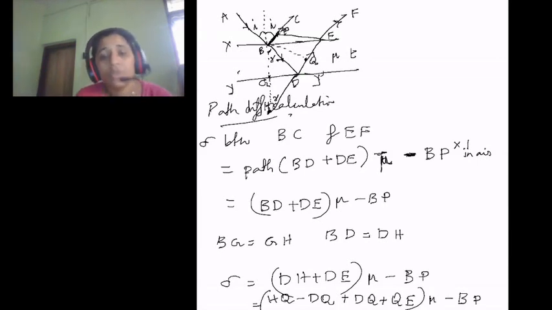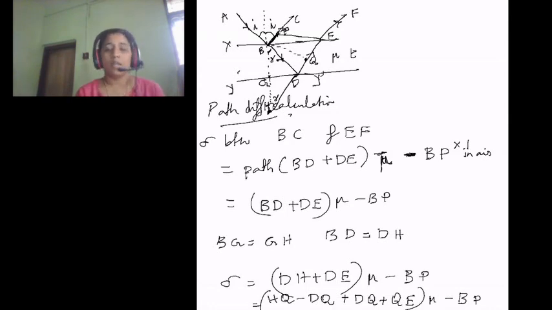Delta is equal to DH plus DE into mu minus BP. Then that DH is substituted, as we can see that an additional point called Q, where we are drawing a normal from the line DE towards the point B, and that normal is drawn from the point Q. Therefore that DH can be written as HQ minus DQ, and DE can be written as DQ plus QE.